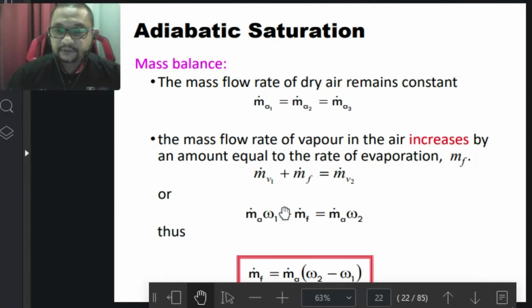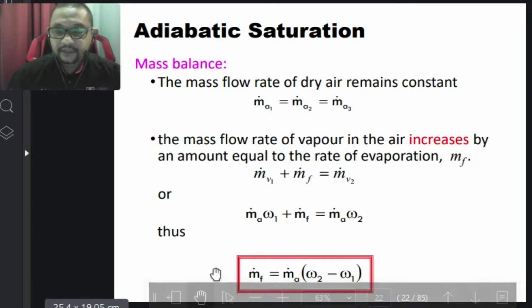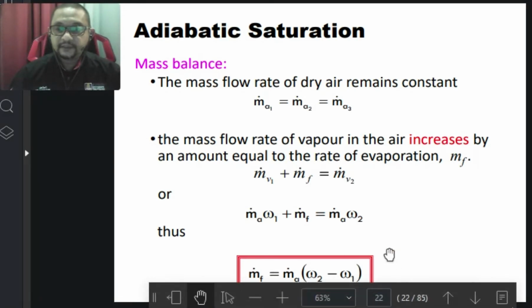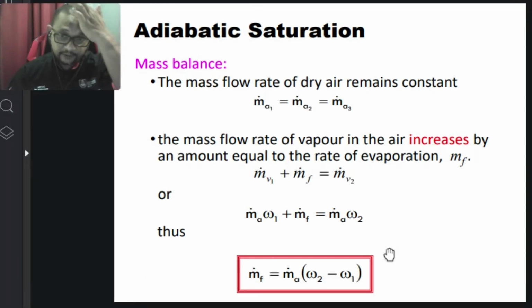Then we simplify, and it becomes m dot f equals m dot a times (omega 2 minus omega 1). This is the formula you can use when you want to find m dot f.